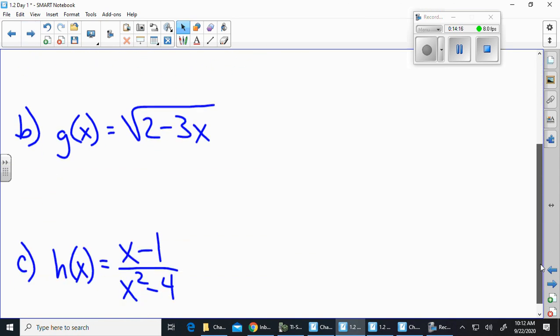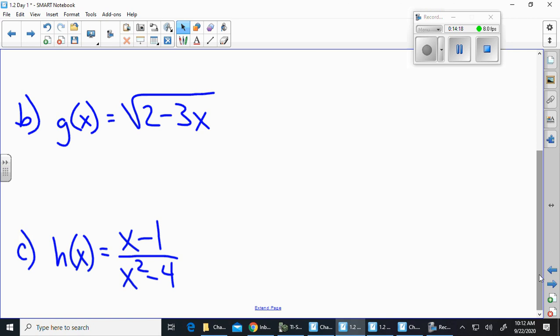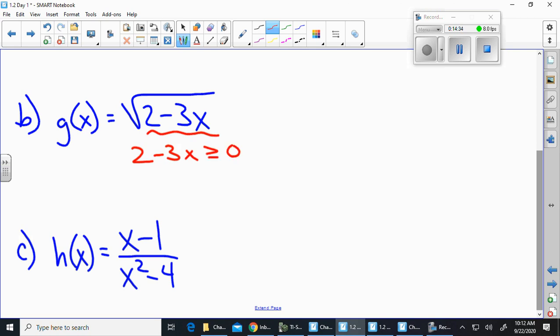So, second one, I'm not thinking what that picture is. I'm just thinking, hey, that's got a square root. I cannot square root a negative. So what that means is that what's underneath has to be greater than or equal to 0.